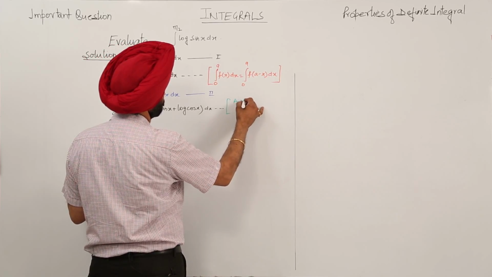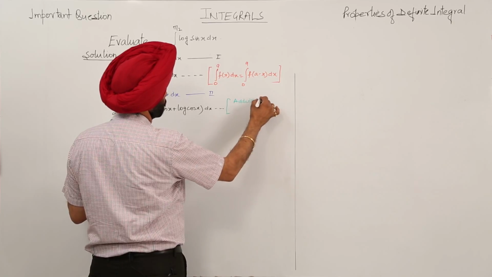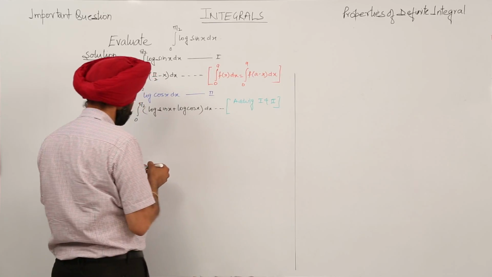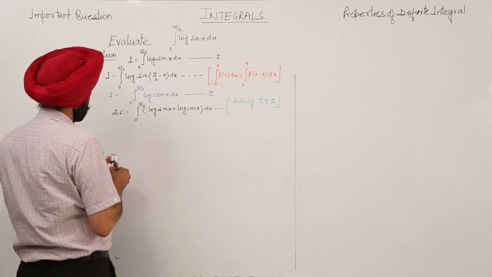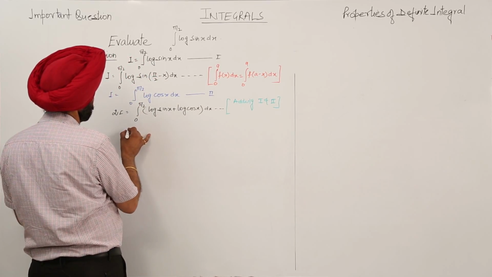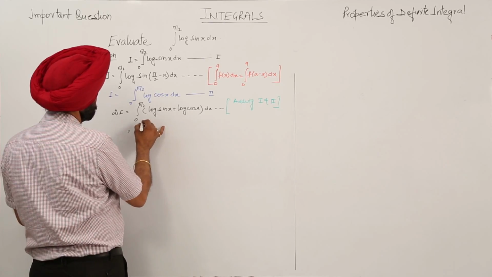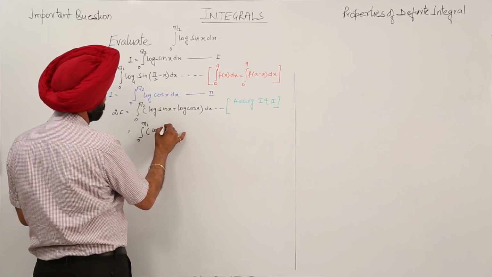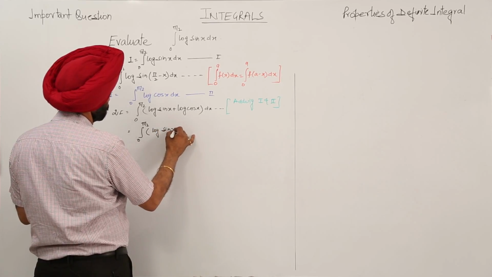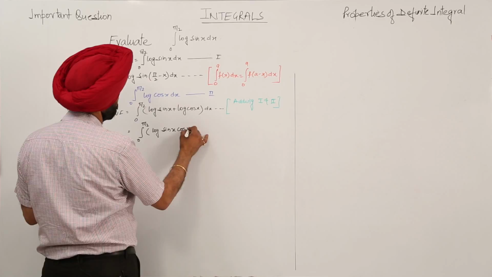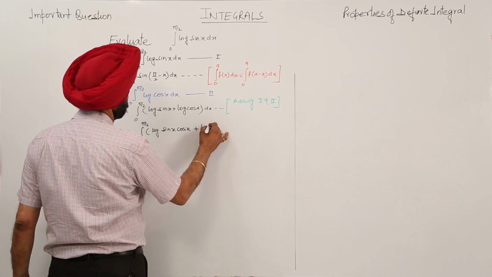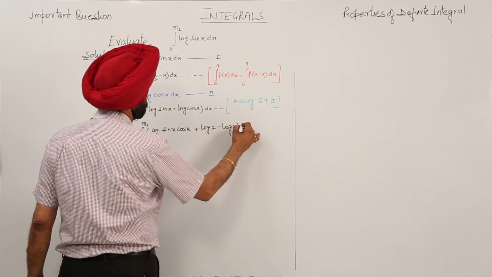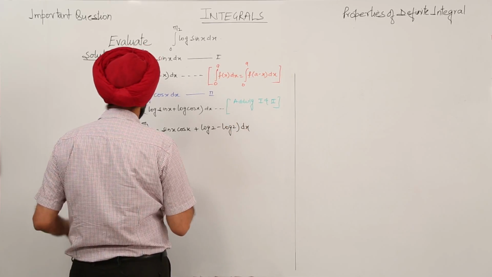Adding 1 and 2, we get 0 to pi by 2 log sin x cos x plus log 2 minus log 2 dx.